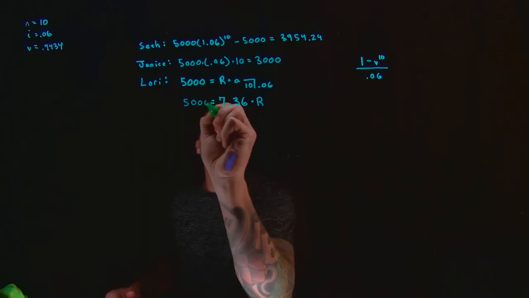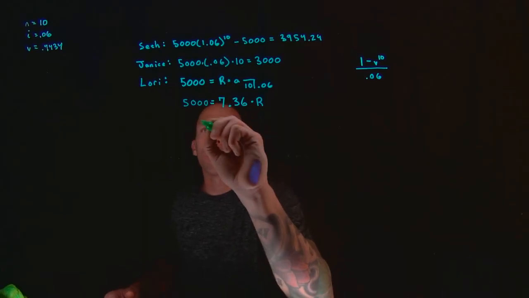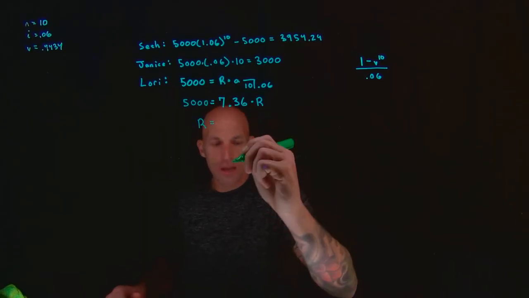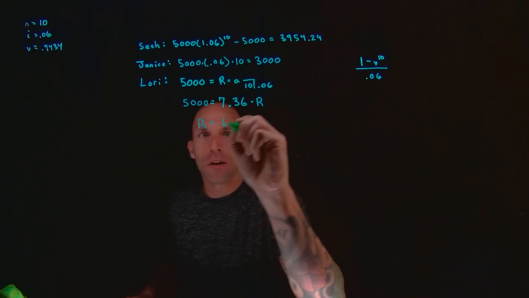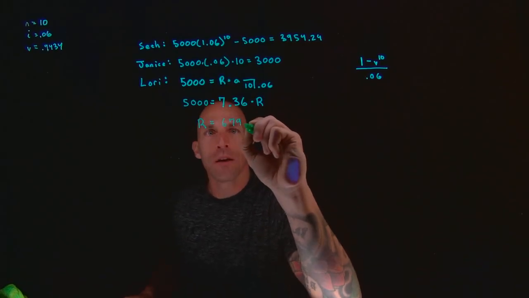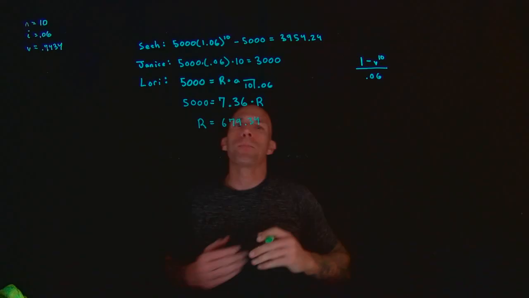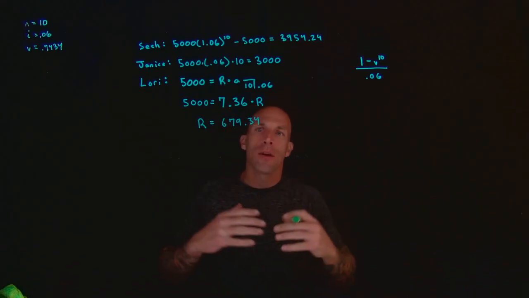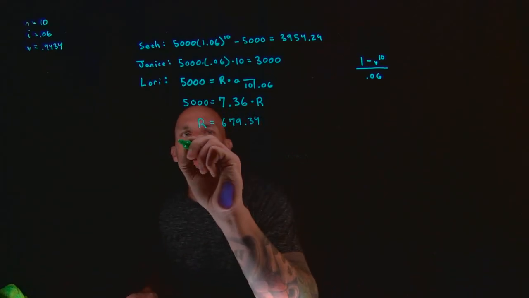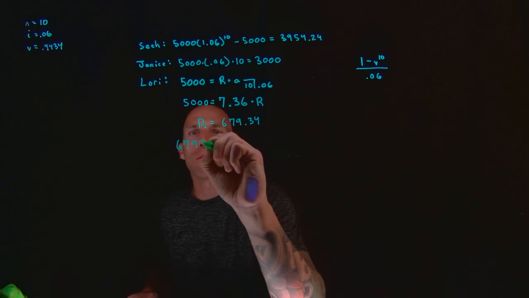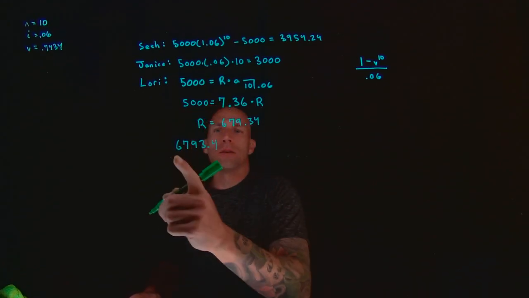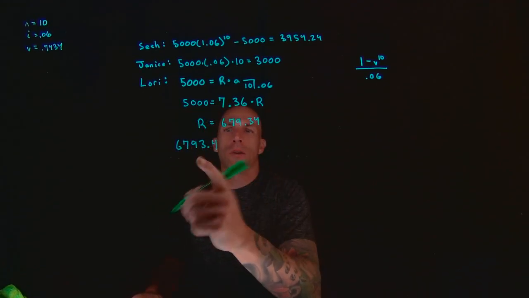And from here, we can solve for R quite readily. Divide both sides. Our level payments are 679.34. But she's going to make 10 of those payments. So the total amount that she pays off is this right here, just multiplying this value by 10.